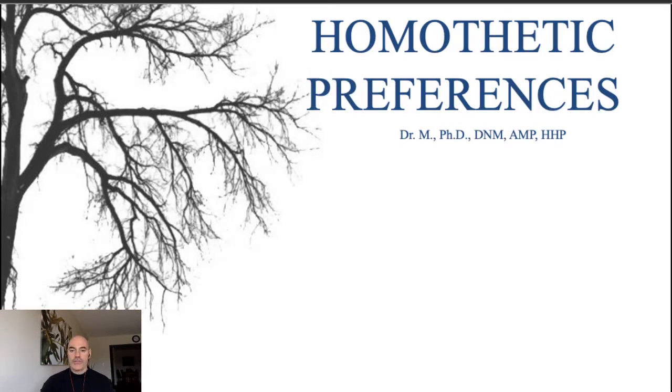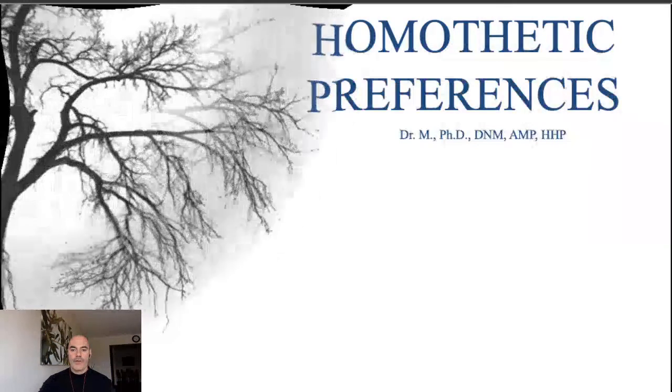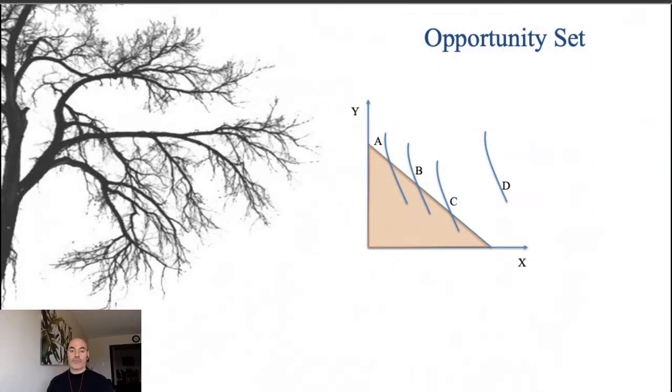Let me just, for the sake of review, cover a couple of things. Number one is the opportunity set. We talked in excruciating detail that whenever a person is facing a budget constraint and their own preferences, there are always better options and always worse options.